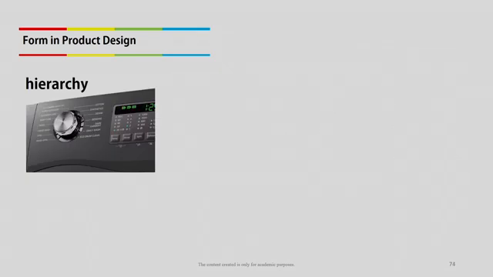We can get a sense of hierarchy also in products. By altering the form, we can achieve this. The size of the form dictates dominance and subdominance. Here this is dominant, the main functional unit, and because of the size, this is subdominant. So, in design, hierarchy can be achieved by altering the dimensions of the object.